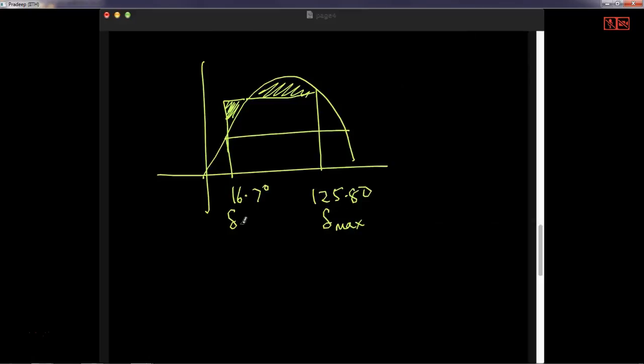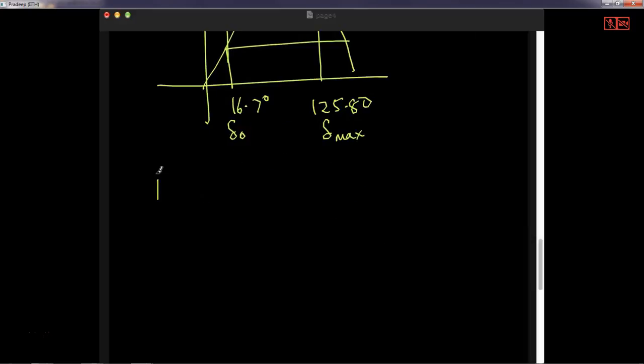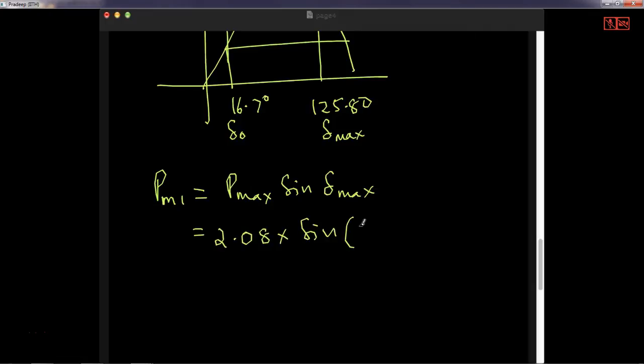Now from that, can I calculate what is P1? So P1 or PM1 is nothing but P max into sine of delta max. So this is 2.08 into sine of 125.8 degrees.